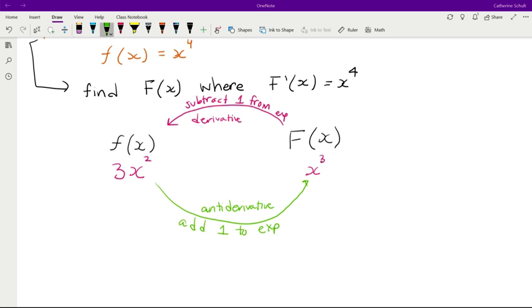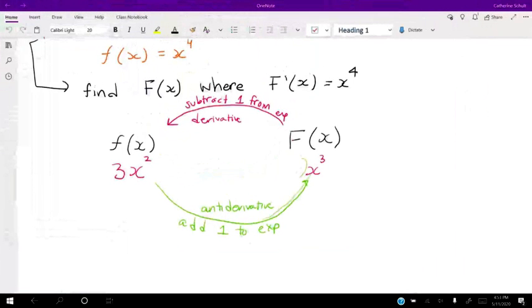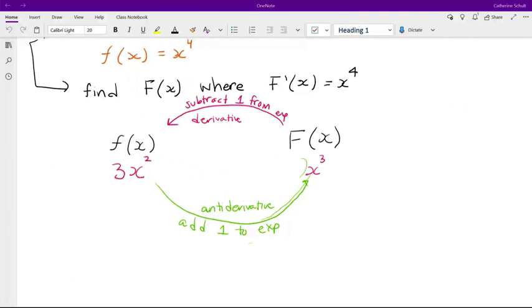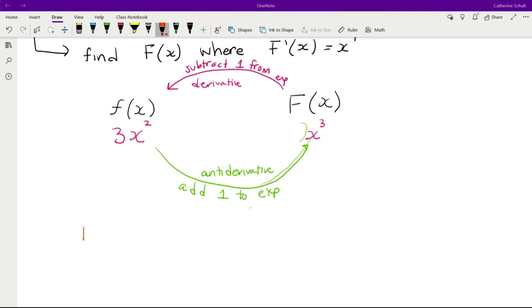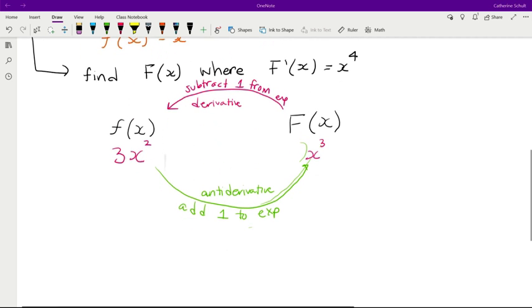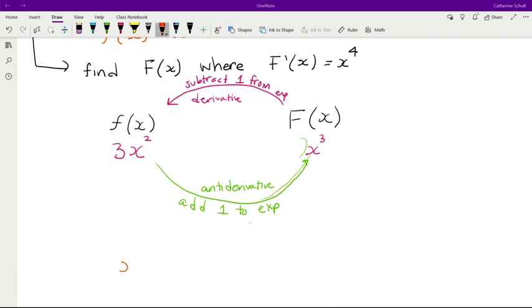Okay, so that takes care of that, and then we have to find that coefficient. That's our strategy. Right now we have f of x equals x to the 4th, and we want to find the antiderivative.